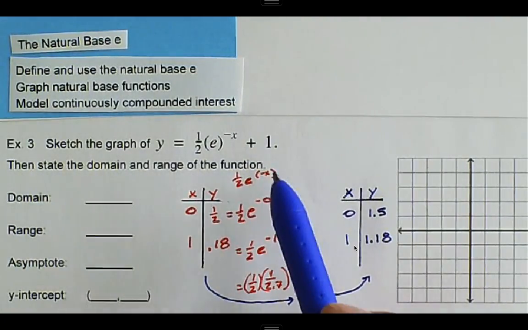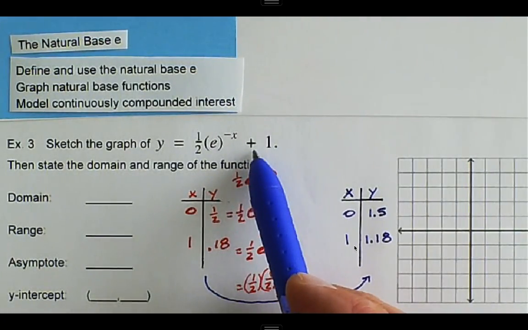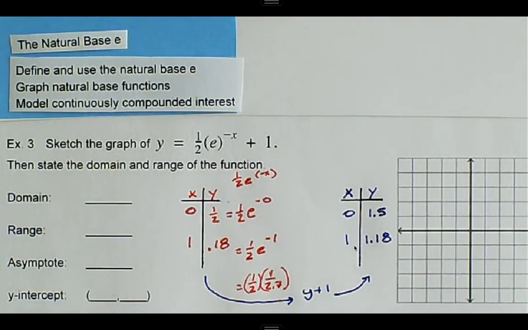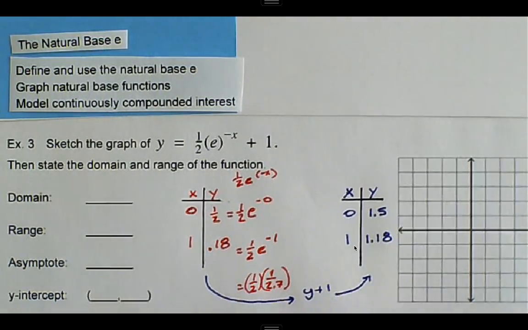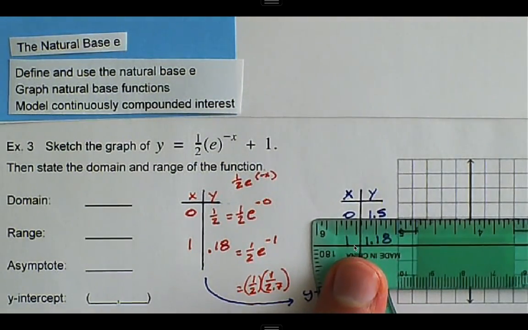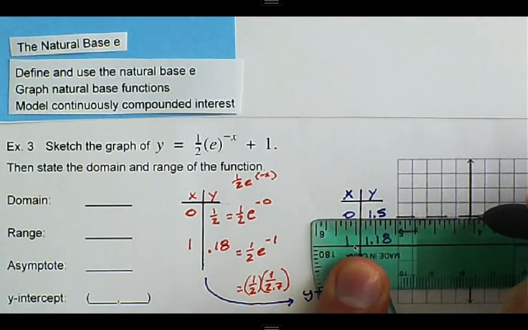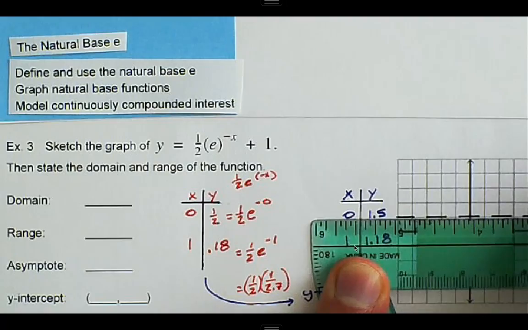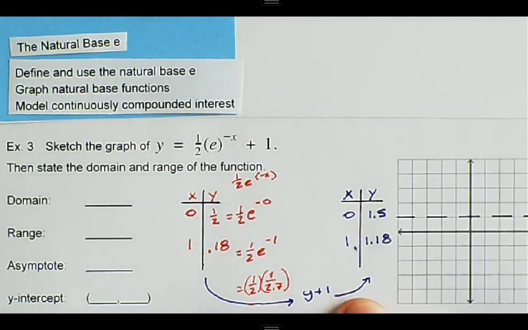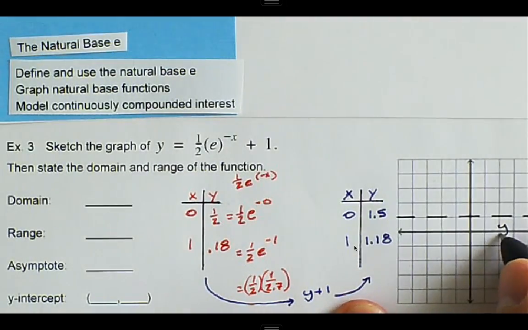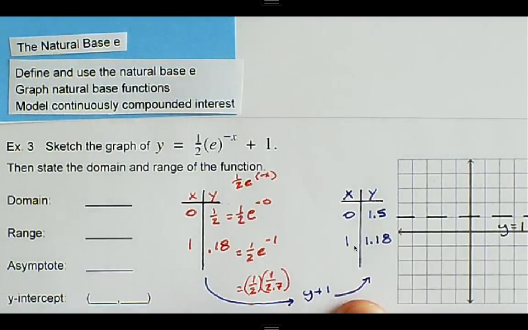So this part right here is also going to be our asymptote. So we're going to have a line at y is equal to 1. That's going to be the line that we can't cross. And then we're going to have the 2 points that we graphed, 0, 1.5.